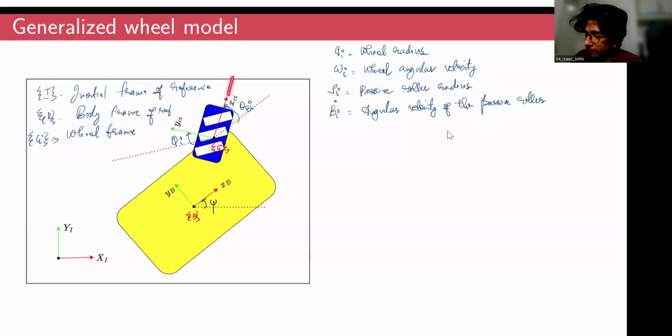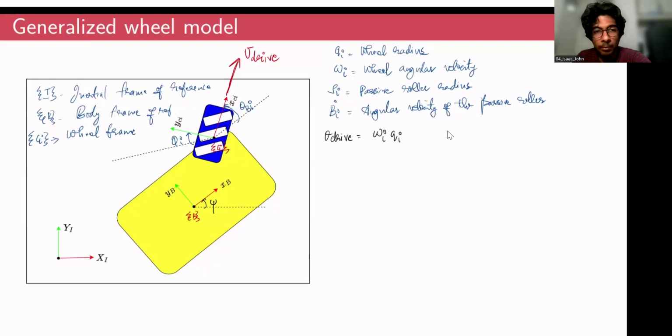I'll denote that velocity as the drive velocity, V drive. So what is that V drive? This V drive is nothing but R omega, or rather A omega I.